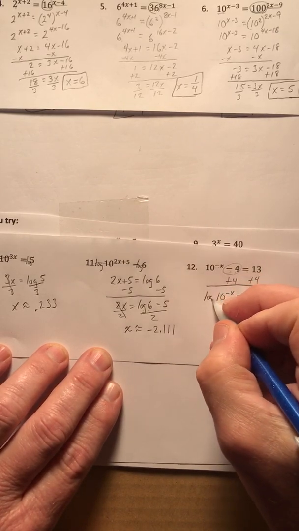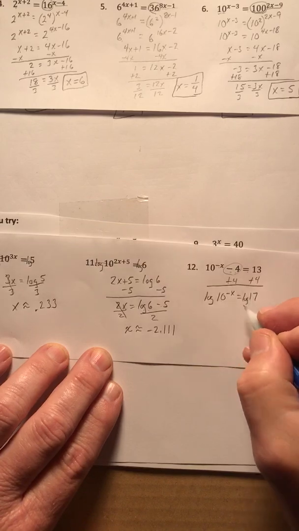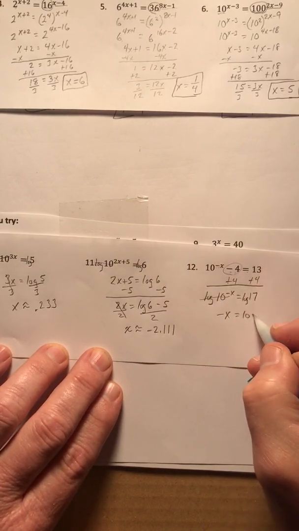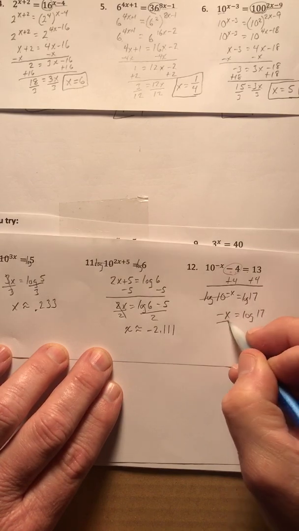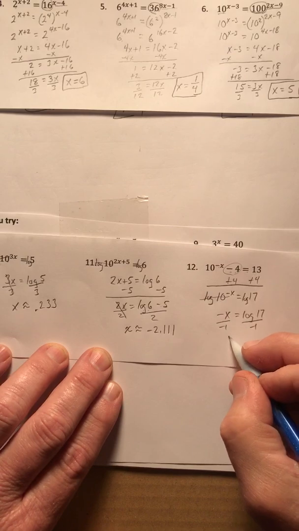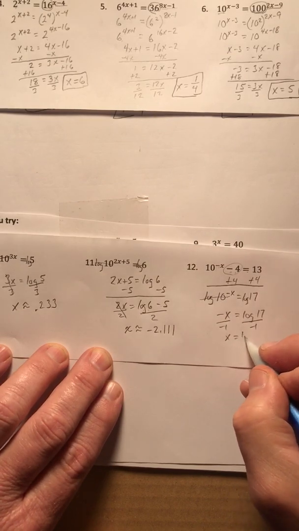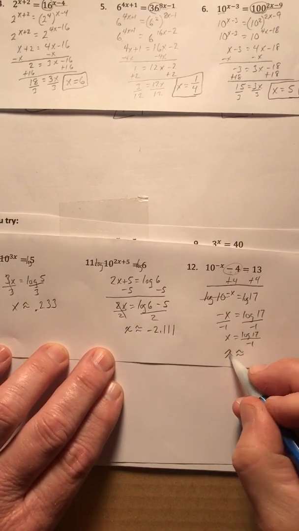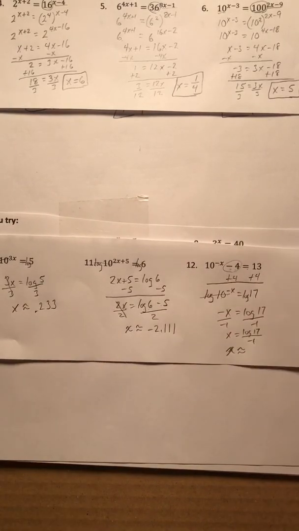So we're going to do log again, and then we do it to the other side. These cancel out, so it leaves me with negative x equals log 17, and I divide by negative 1, and that gives me x equals log 17 divided by negative 1, and then I can approximate that by putting it in the calculator.